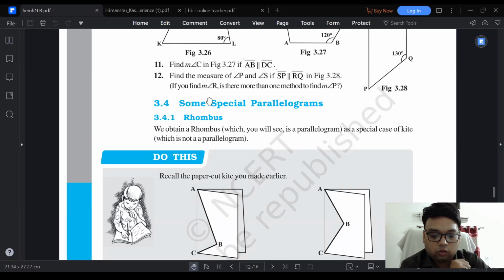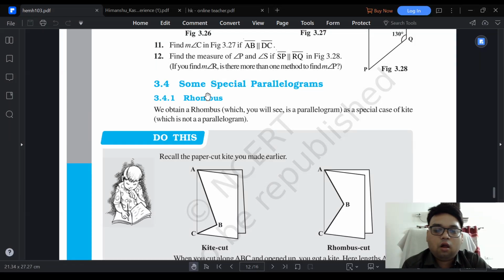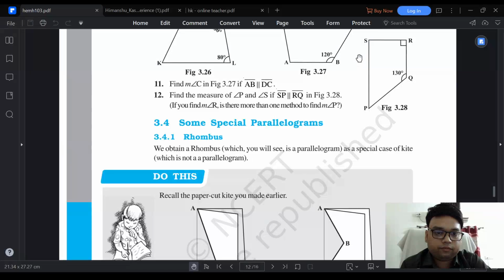Now in the next question, or the last question of this series, find the measure of angle P and angle S if SP is parallel to RQ in figure 3.28. Here we have to calculate angle R and angle P. Because these are parallel, angle P plus angle Q is equal to 180 degrees, so angle P will be equal to 50 degrees. Am I right?